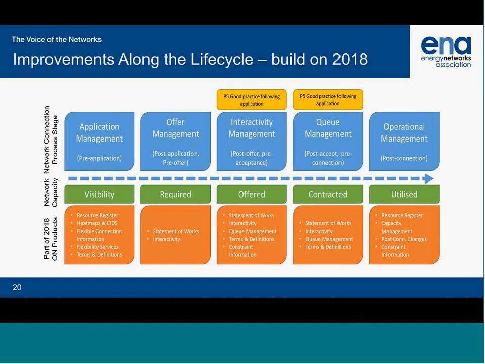So what we've got in 2018, left to right here, at the very top in the blue, is various stages of applications, viewed from a connection perspective. So as customers wish to connect to a network, be that transmission or distribution, they make their applications and they'll get an offer from a network.